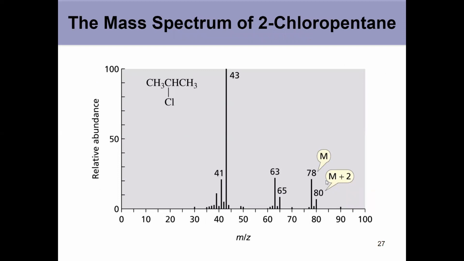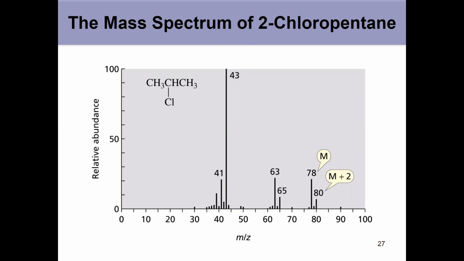Same thing for chlorine, okay? Chlorine, M and M+2 at about a 3-to-1 ratio. Okay? Instant clue that you have chlorine. That notable M+2 peak is a clue for chlorine and bromine. Okay? Now in this situation, the carbon-carbon bond and the carbon-chlorine bond are much closer in terms of the bond strength, okay? Whereas a carbon-bromine bond was weaker. Right?